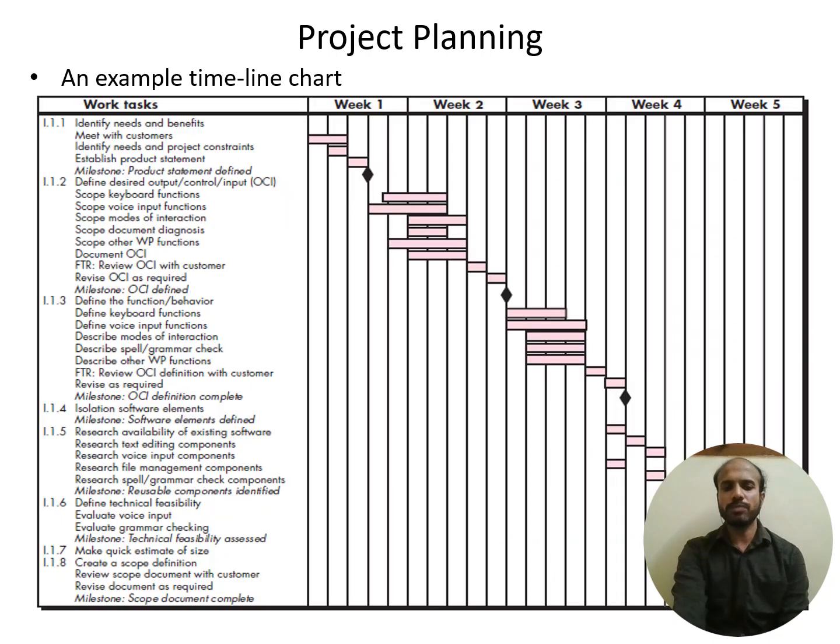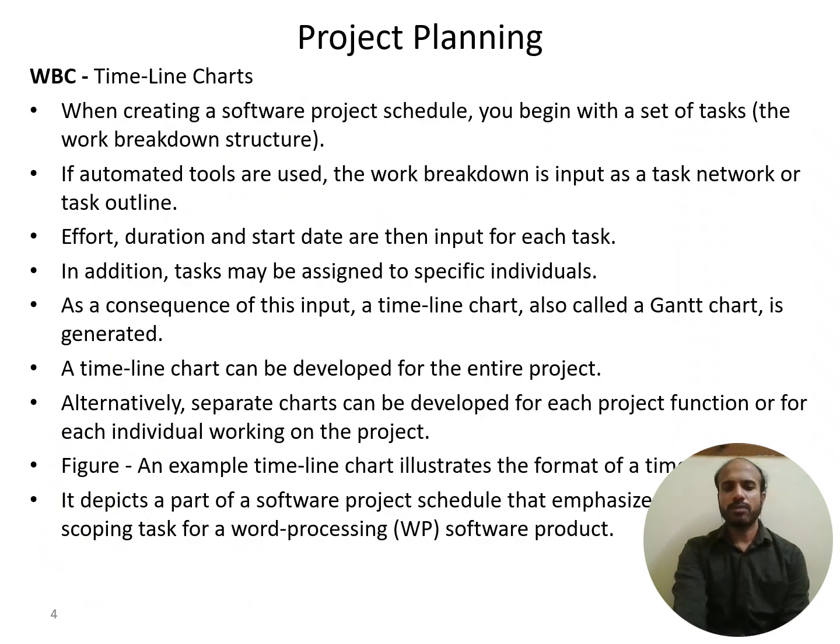So you can see the pictorial representation of a timeline chart. Here you can see the list of tasks on the left side, and the weeks listed on the top. That is week one, these are the set of tasks, and week two, these are the set of tasks that will be carried out.